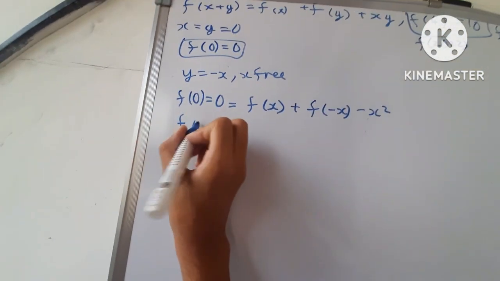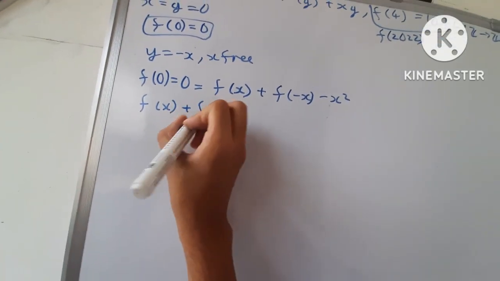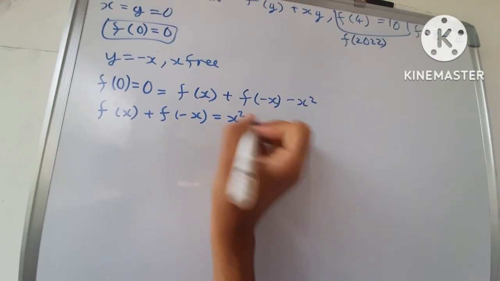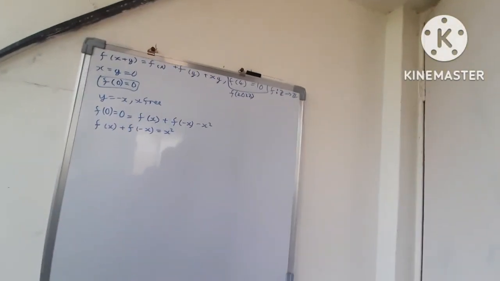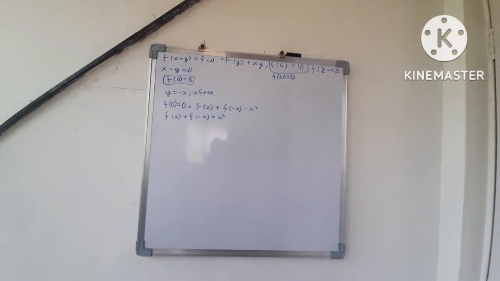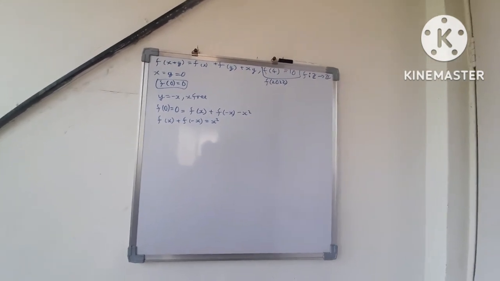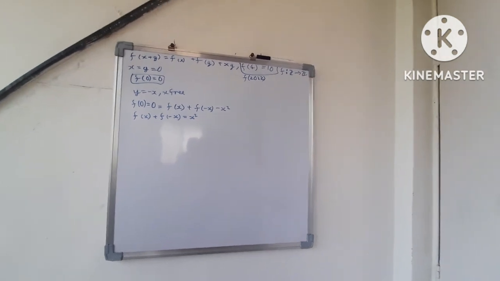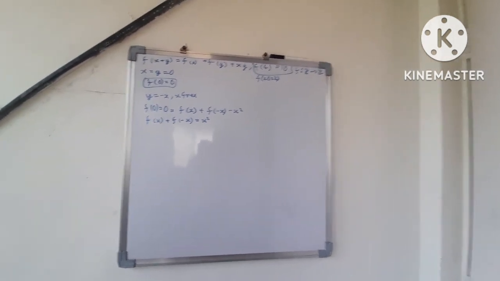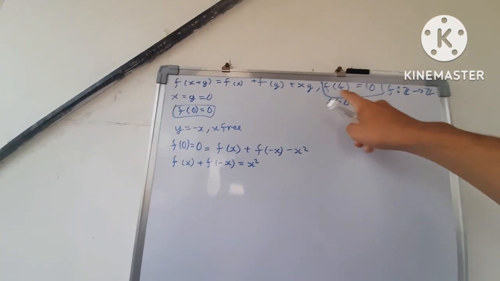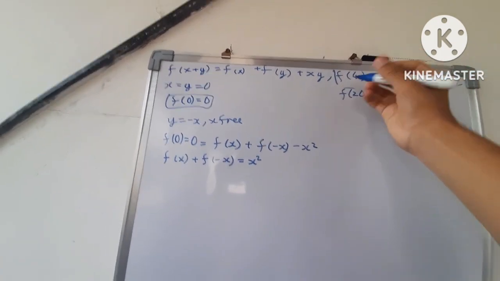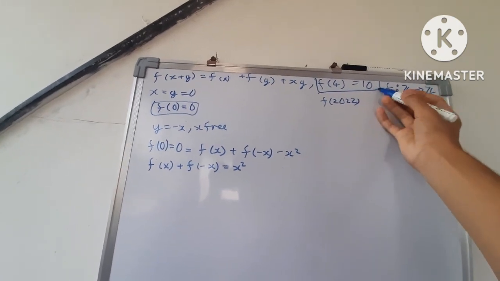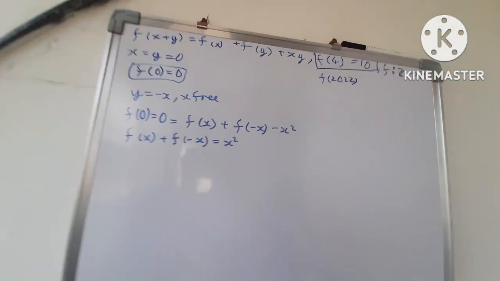So from here you get an identity: f of x plus f of minus x is equal to x squared. Okay, that's something. We've been given an initial value, so using that we could find a single solution to this.